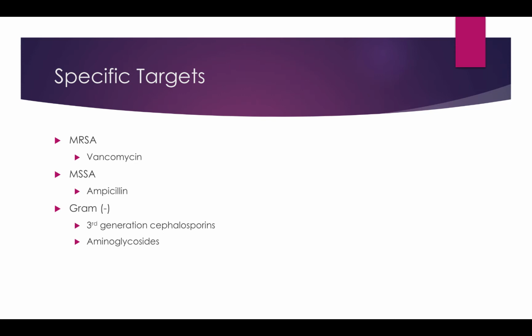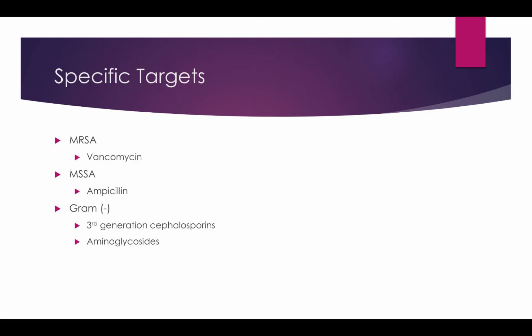If a gram-negative is identified, third-generation cephalosporins, aminoglycosides are a couple of good examples that's going to cover those bugs typically really, really well. I talked specifically about Pseudomonas and some of the other highly resistant bugs in a previous lecture.